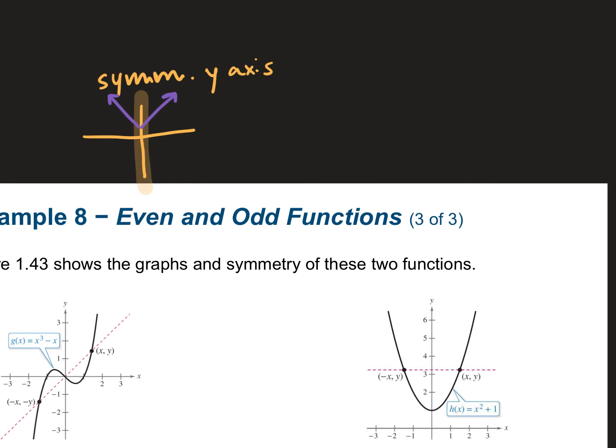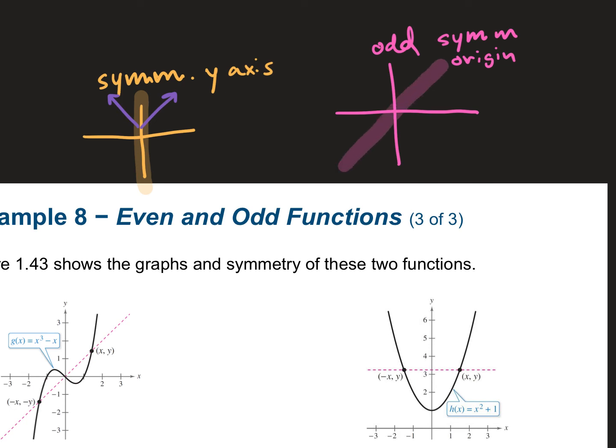If I had an odd function, so the function would be odd if it's symmetrical about the origin. So symmetrical about the origin. So that would mean it's symmetrical on this diagonal line here.